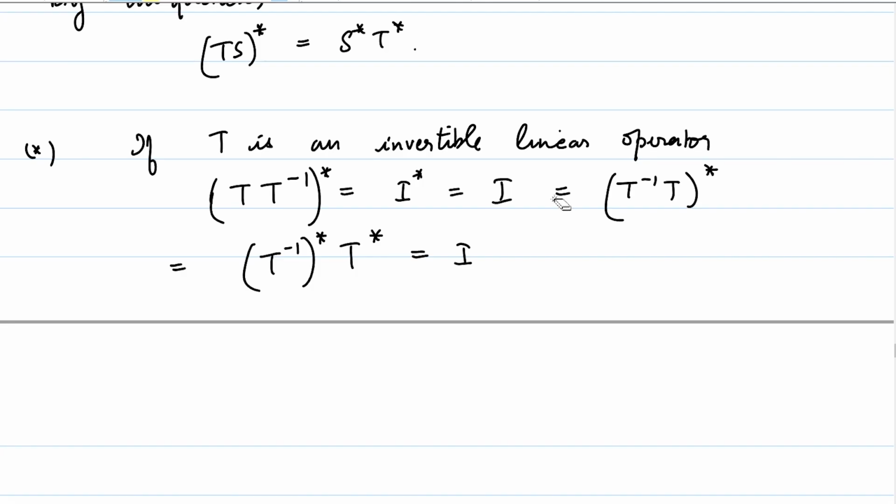Or maybe I shouldn't do that. Yeah, one at a time. So if T is from V to W, I'll not bother writing down the domain and range. So let me see.